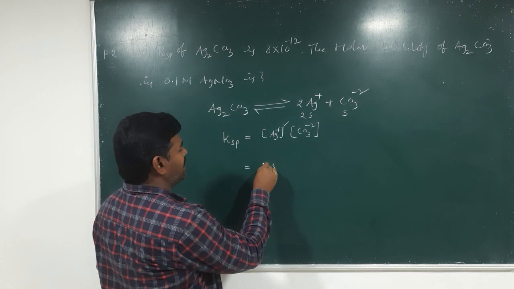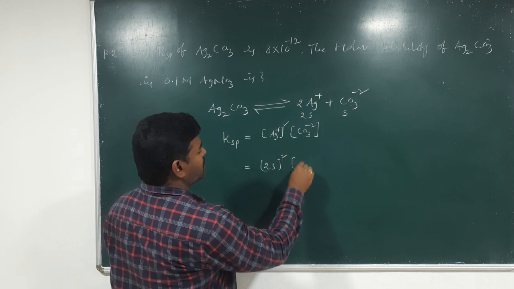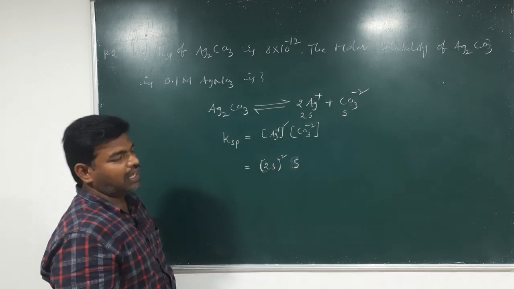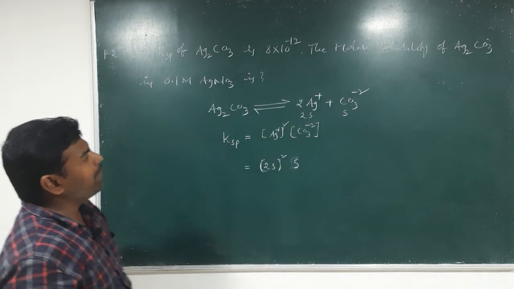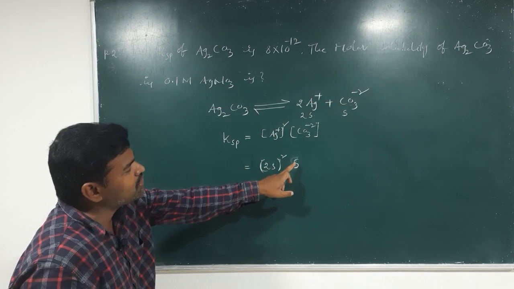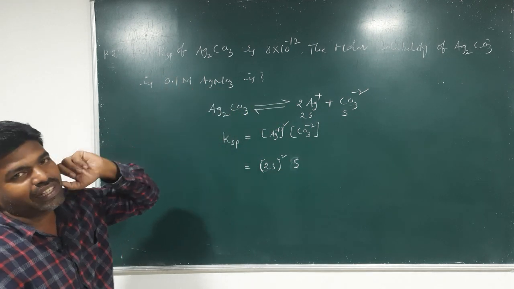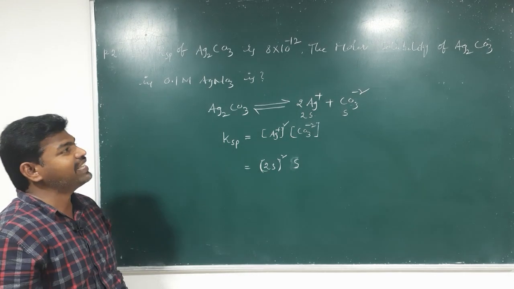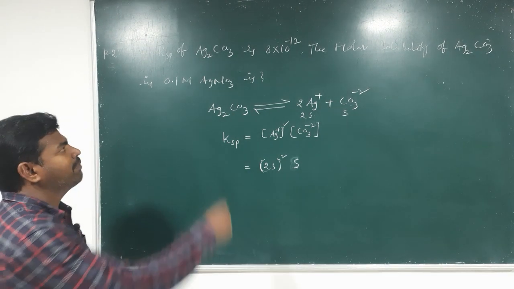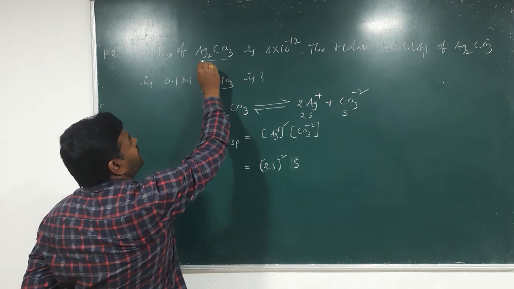So (2s) whole square into the equilibrium concentration, which is s. But they asked to calculate the molar solubility in 0.1 molar AgNO3. This is the case of a common ion effect, because AgNO3 has Ag plus and Ag2CO3 also has Ag plus.